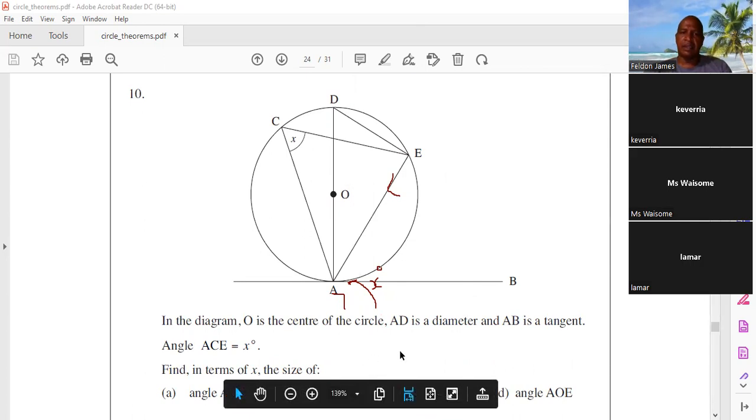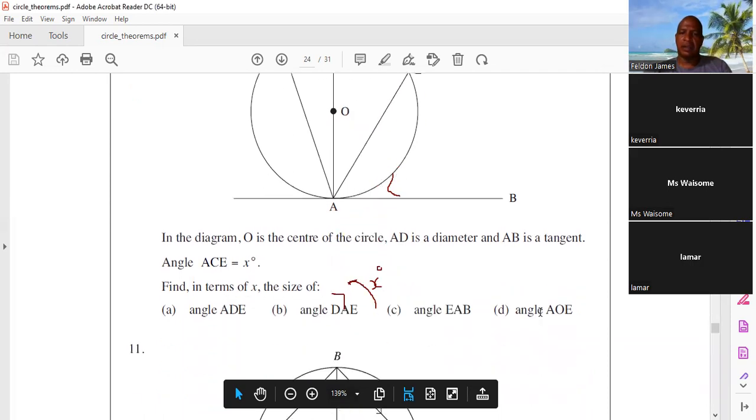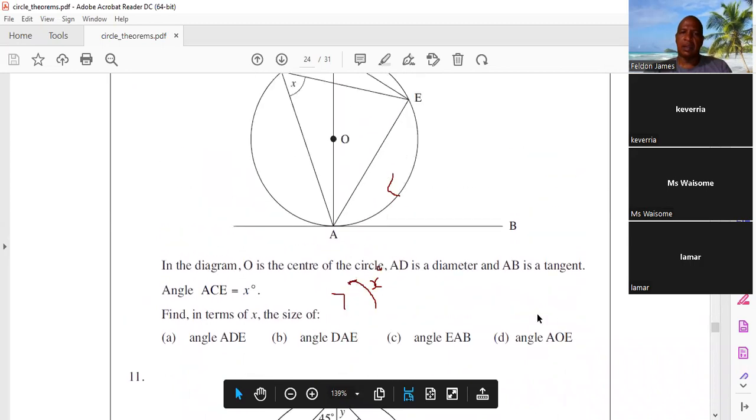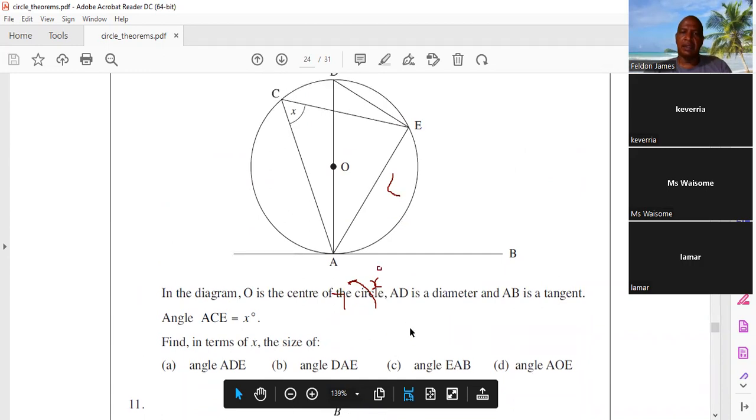We have D. Let me see if that can come out. We have DAE.